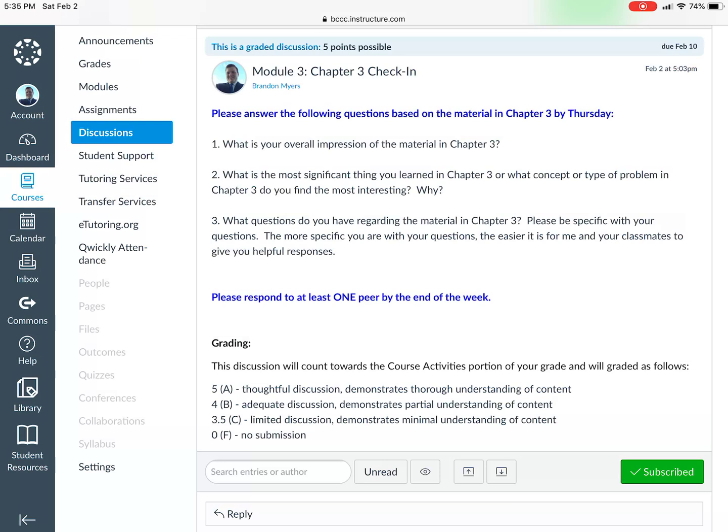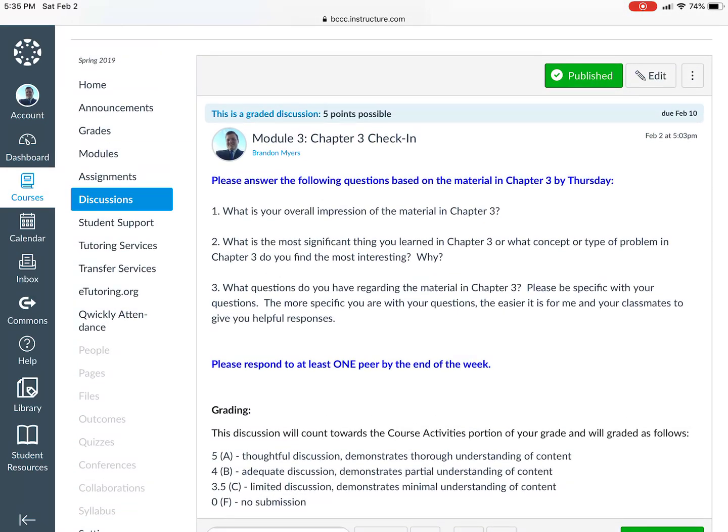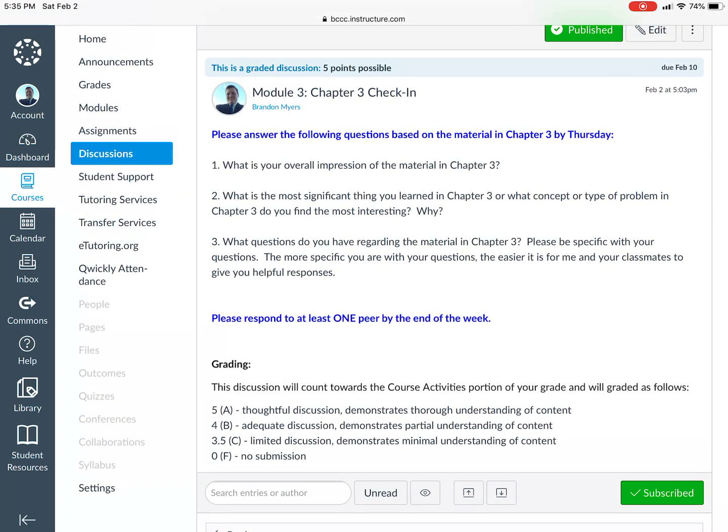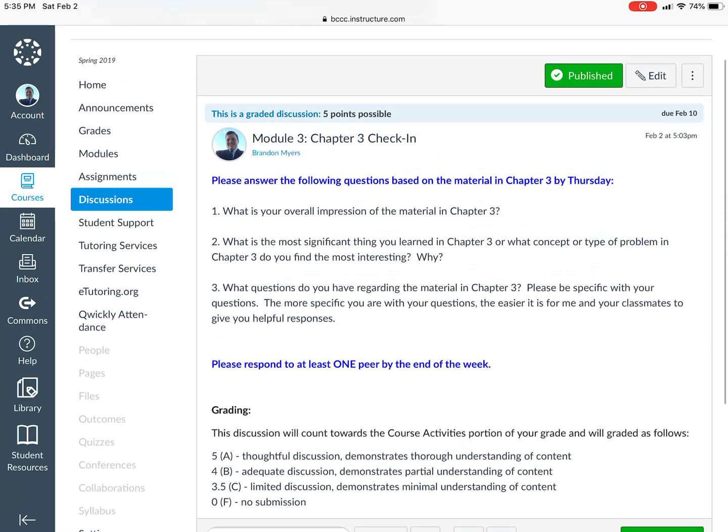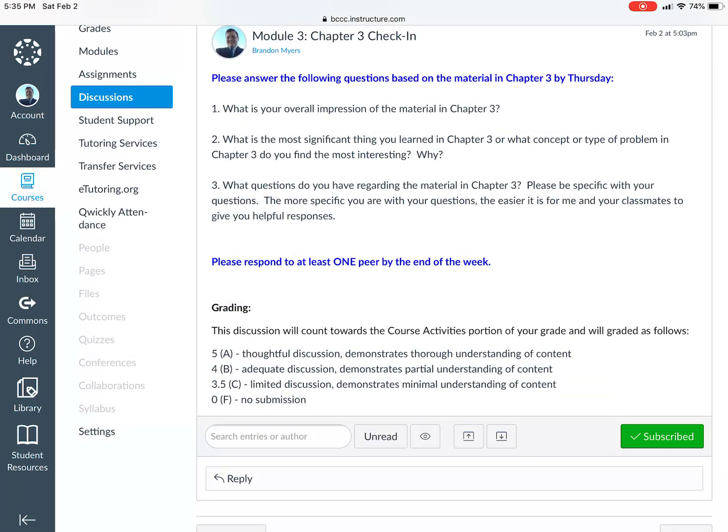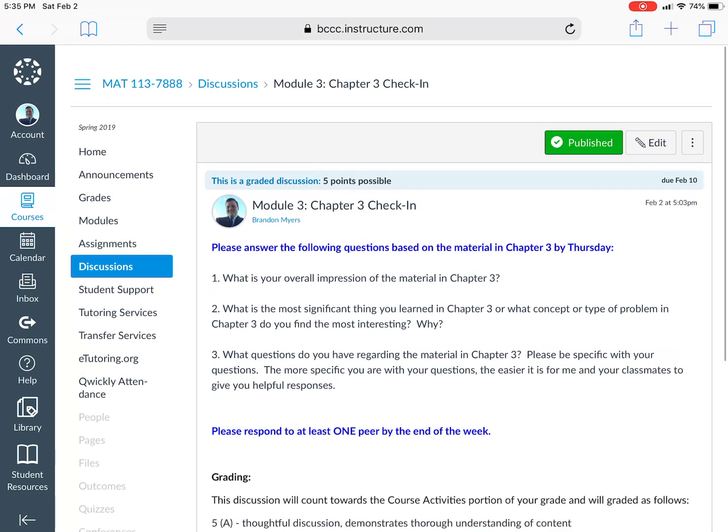Like, actually say what your thoughts are and have some feedback for them, or have some feedback for yourself on what you are now thinking based upon reading their post. So please add more. I would say 2 to 3 sentences is good, but please make more than just a one sentence post for your peer replies, okay? This is the time that I will not be as lenient as I was in week 1 with that discussion. So please, please, please make sure you really dive in, okay?